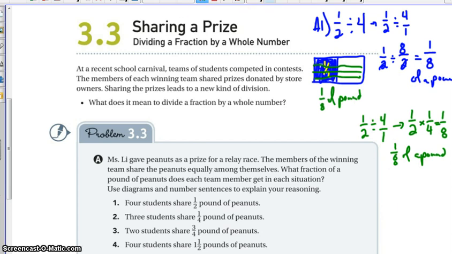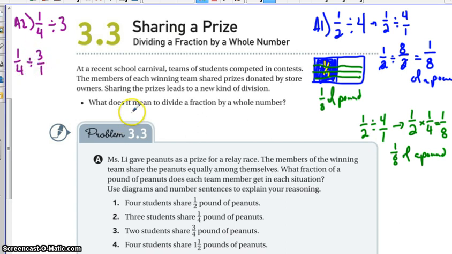All right, let's try A2. A2 I'll come over here and do. A2 says 3 students share 1/4 of a pound. Okay, so I have 1/4 of a pound divided by 3 people. Okay, so common denominator first would be 1/4 divided by 3 over 1.